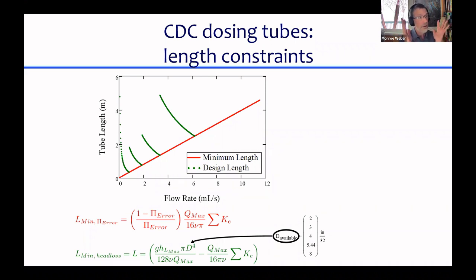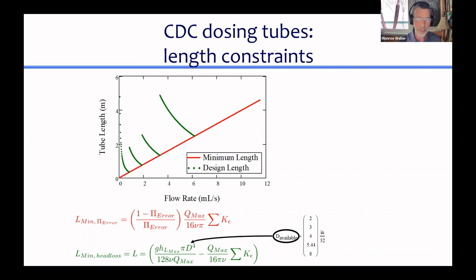Okay, so now we've set 20 centimeters as our head loss. We have a tube that we want to have carrying on the flow that's required for our chemical feed system. And now we need to figure out how long that tube needs to be to get us that target flow rate. And the equation is there in green.